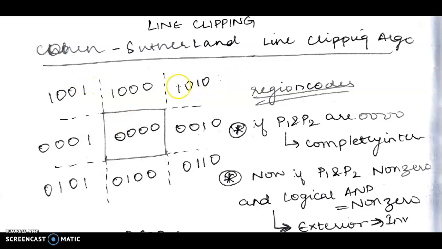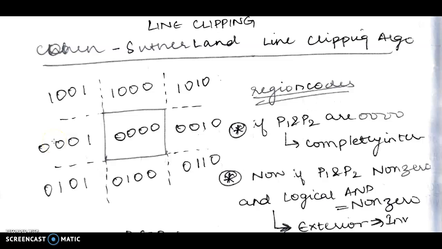Similarly for all the others: the top right, the bottom right and the bottom left. For easy understanding, you can take it as north, south, east, west. So the first one will be north, the second one south, the third one east and the fourth one west. Or you can also consider this as top, bottom, right, left.